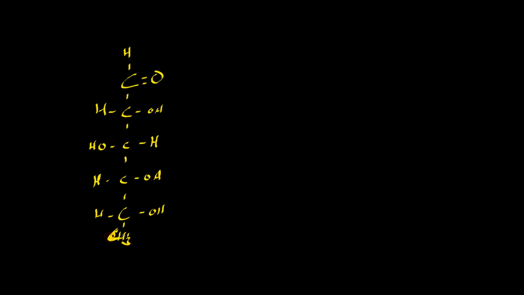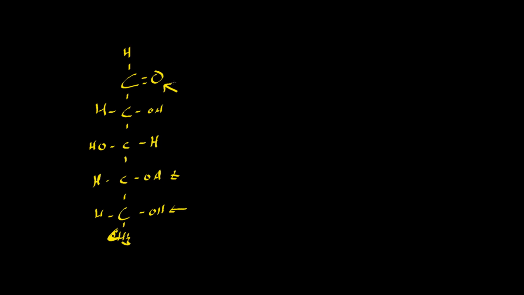Yeah, I'm pretty sure that's what that is. A sugar. 5-membered sugars and 6-membered sugars usually have just alcohols all over the place and either a ketone or an aldehyde. Depends on the sugar. So they show up all the time.